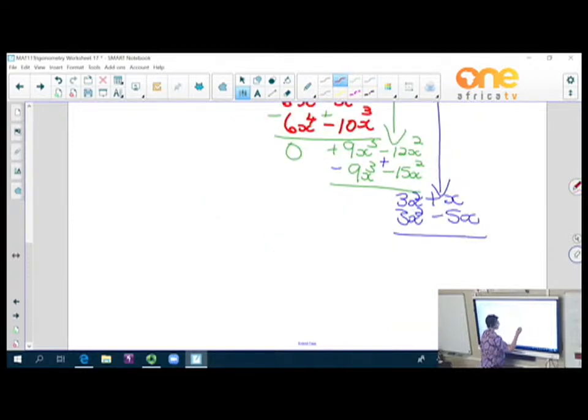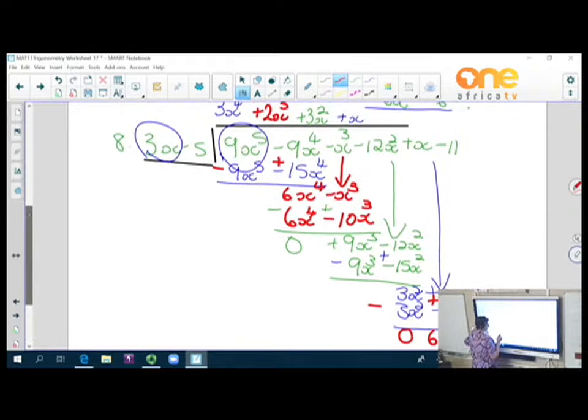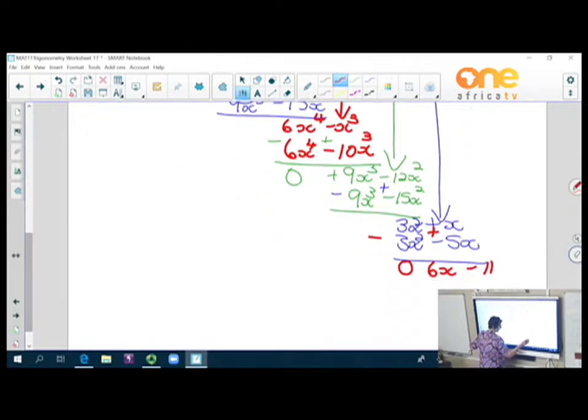Okay, and change the second signs and add. This one eliminates. This one is 6x, and we bring down the negative 11. How many times will it divide now into 6x times? And that will be plus 2. Multiply, then you have 6x.